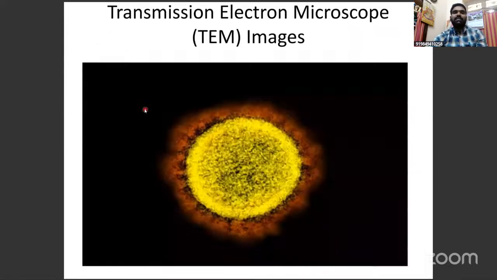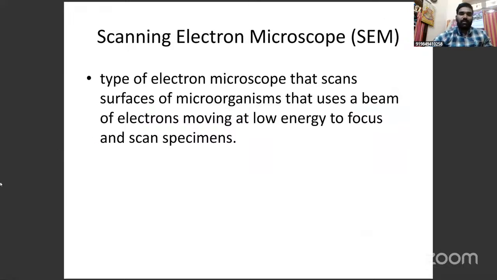Scanning electron microscope. This is another type of electron microscope that scans the surface of microorganisms.